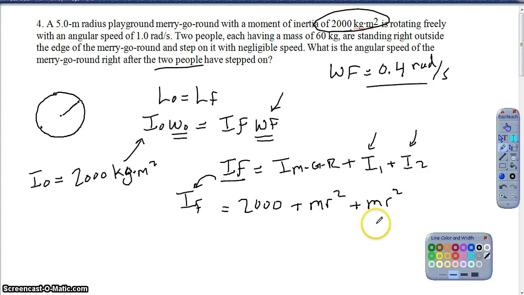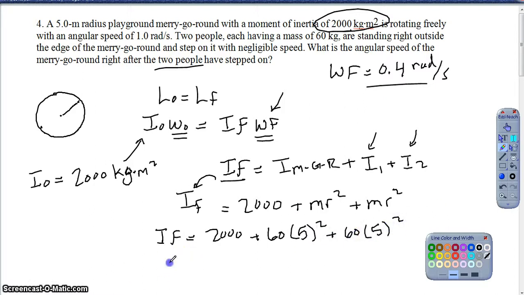So my final moment of inertia is 2,000, plus for each person 60 kilograms times the radius, which is given as 5, so 5 squared. I have two of those, and when I calculate my total final moment of inertia, I get 5,000 kilograms times meter squared.